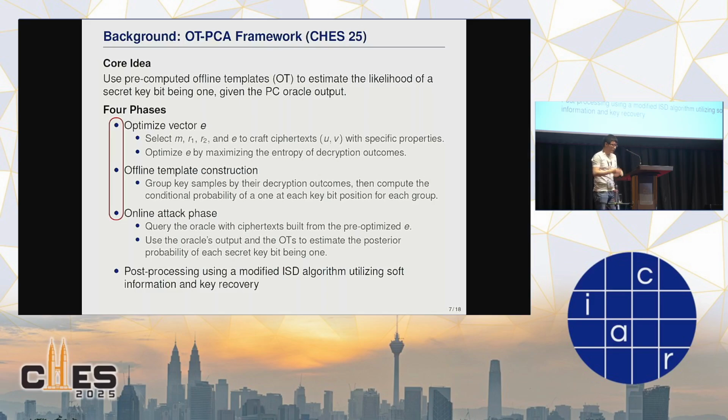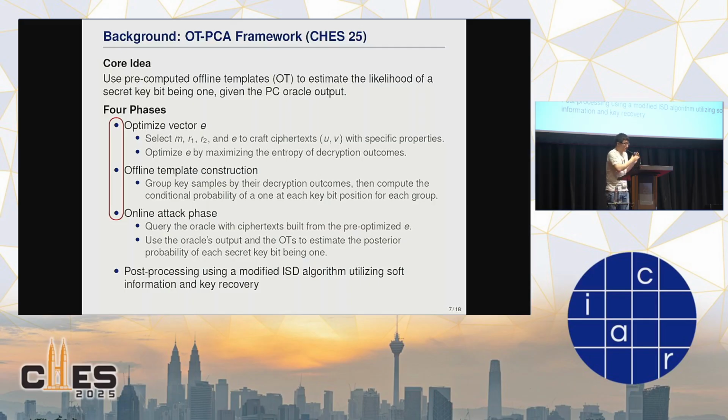So the idea is that, because we know the secret key distribution, we can generate secret keys by ourselves. We generate a lot of secret keys, and then we classify them: this kind of secret key goes here, this kind goes there. Then we can group them and do statistical analysis to see which bits are more likely to be 1 in this group of keys if it goes to M1 or success or anything.